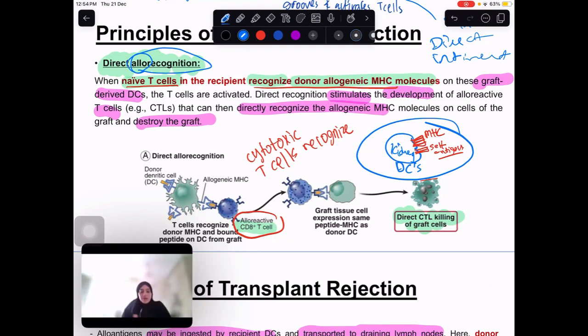Once this happens, it's going to activate the T cells, which in this case is going to be CD8. CD8 cells are going to be activated. We know what cytotoxic T cells are going to be doing. They're going to be killing them right away. That's direct, because it's directly from the patient's own DCs. I saw MHC, it's not mine, that's it.